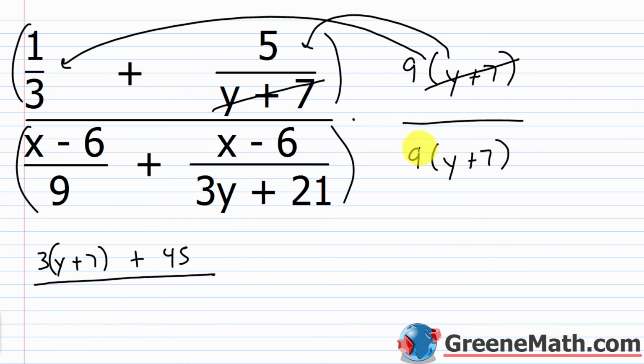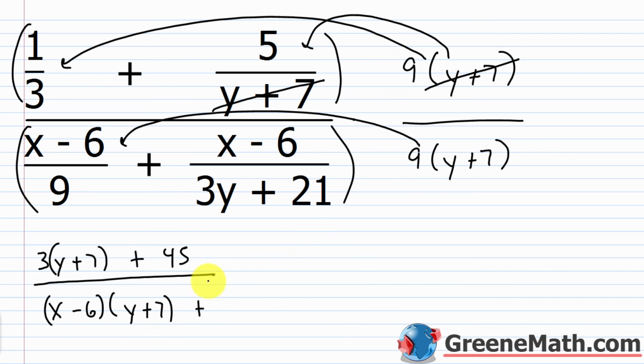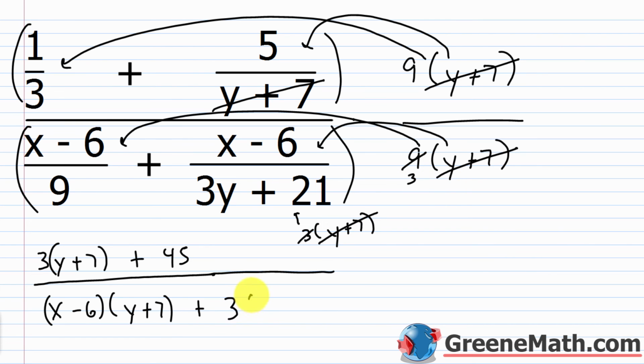In the denominator, we use our distributive property. The 9s would cancel. You'd have x minus 6, that quantity, multiplied by the quantity y plus 7. Then plus, the next thing we'd see, we would multiply this by this. Now again, this factors into 3 times the quantity y plus 7. So what would happen is the 9 would cancel with the 3 and give me a 3, and the y plus 7s would cancel. You would essentially have 3 times the quantity x minus 6.